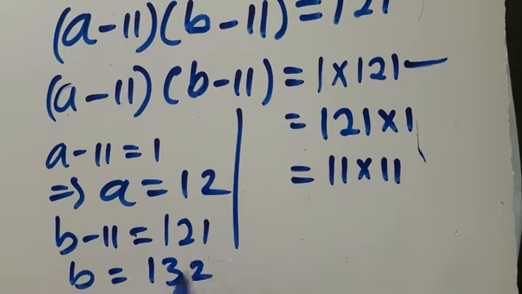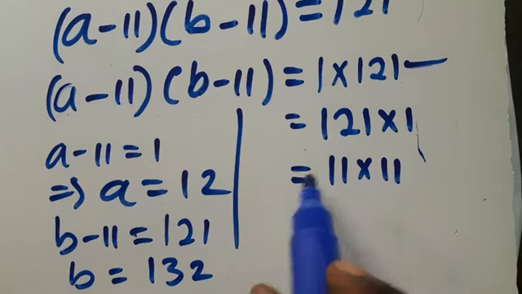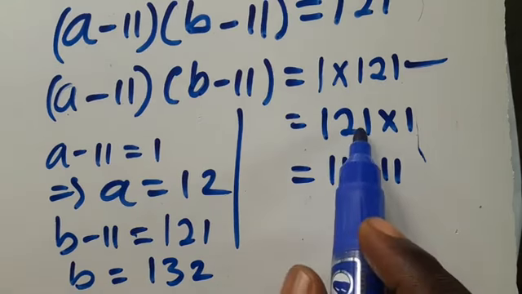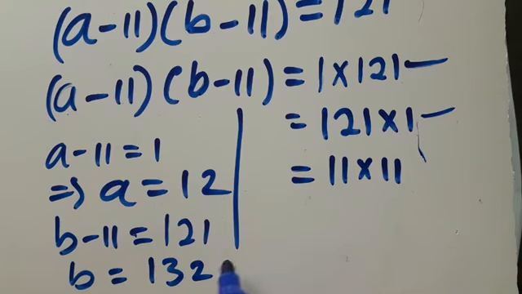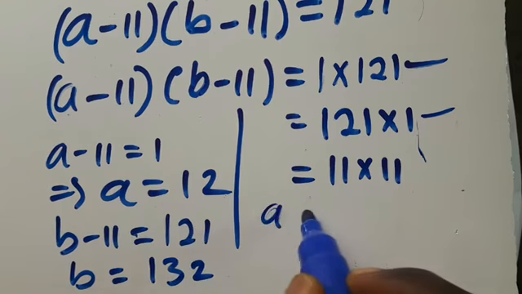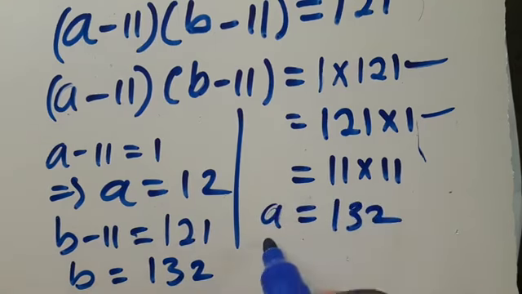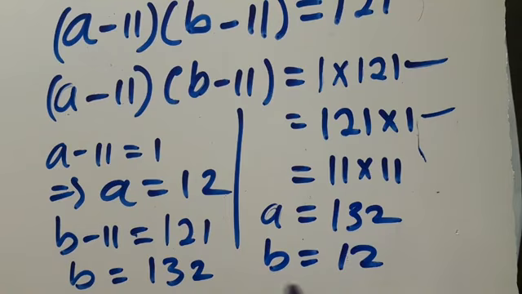When you consider the second expression, we are going to get the same answer: a equals 132 and b equals 12.